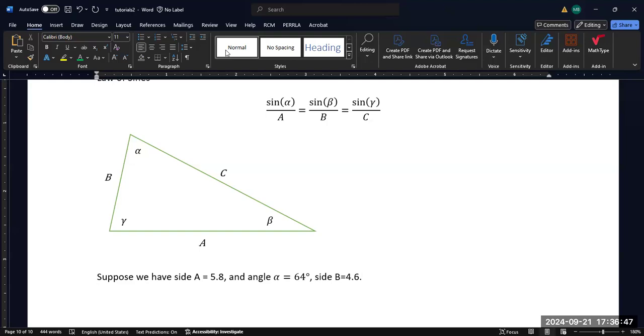Now, the important thing to apply the law of sines is that you must have one complete ratio. So you have to have a side and an opposite angle. It doesn't matter what the other thing is. You can have two angles, you can have two sides, but you need three total things so that you have one complete ratio, and then one where only one thing is missing.